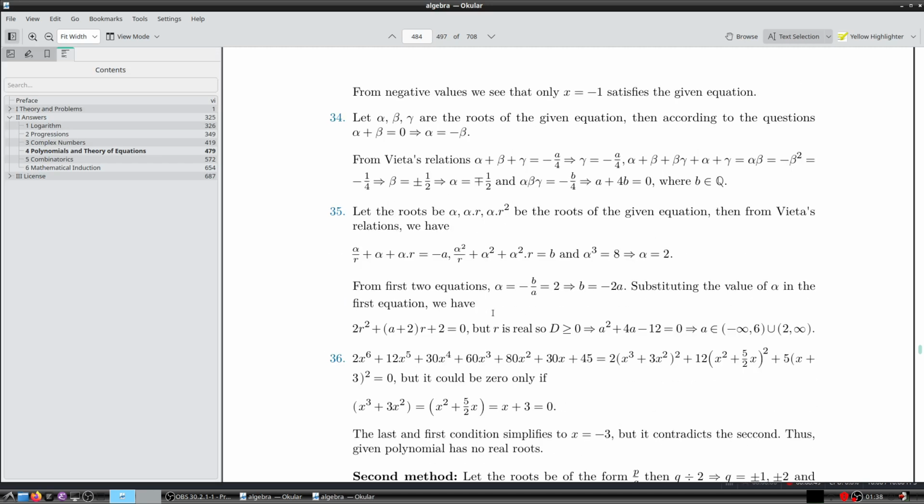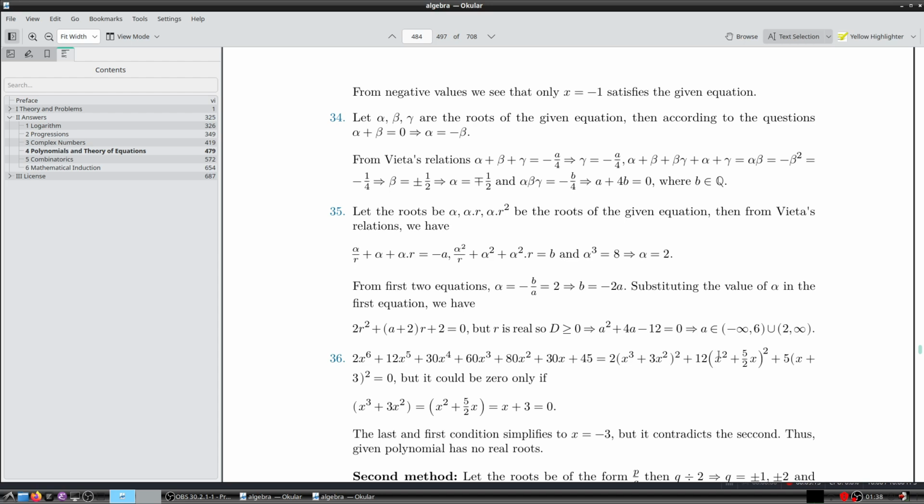So what we do is we rewrite this, and the equation becomes 2 into x cube plus 3x square whole square plus 12 into x square plus 5 by 2 x whole square plus 5 into x plus 3 whole square. Okay, so it is a sum of 3 squares.